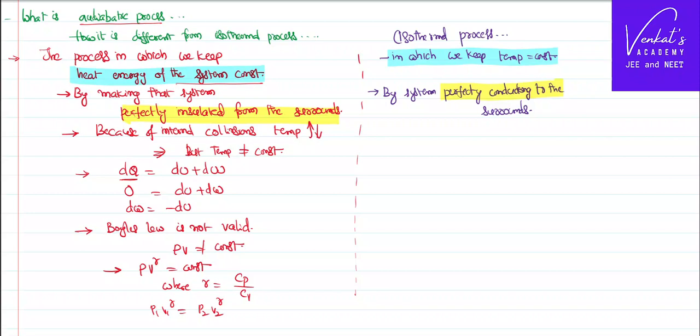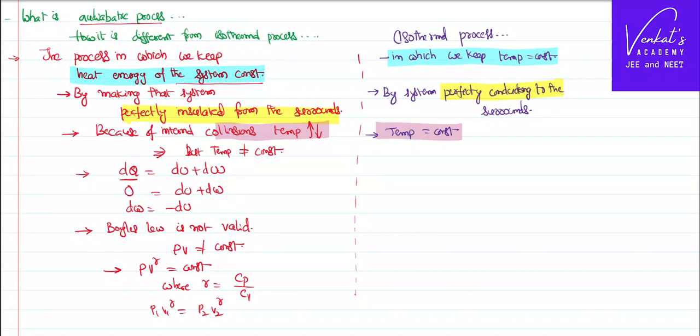Next, what we can say is, in isothermal process, temperature is kept constant. Whereas in adiabatic process, temperature is not kept constant, rather heat energy is kept constant.